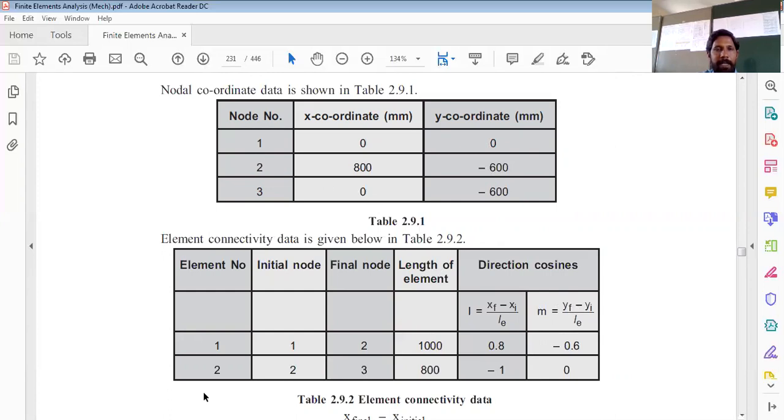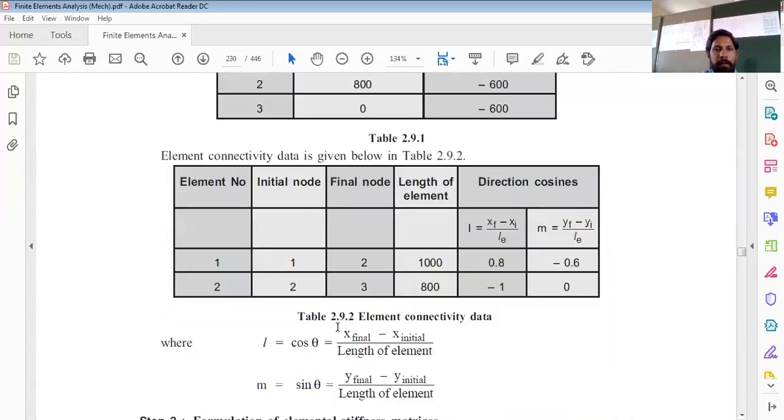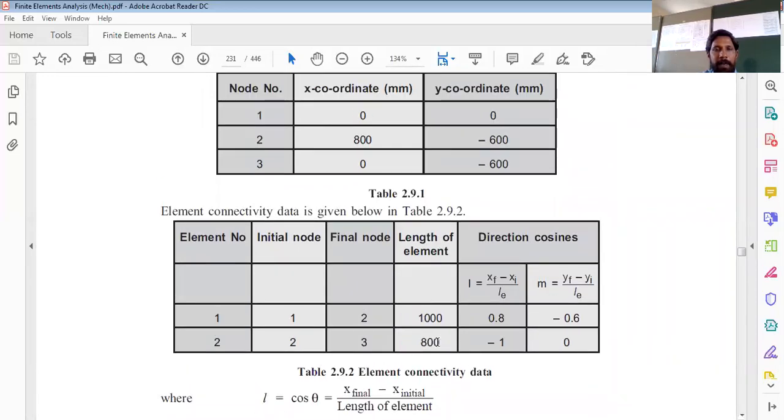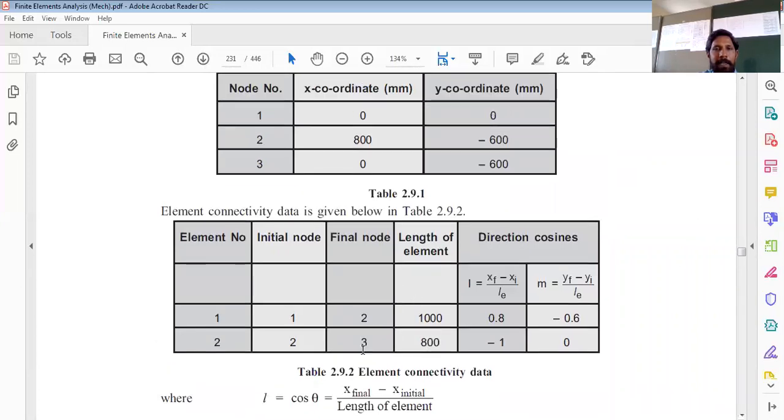Similarly, if you calculate for element number 2, its initial node will definitely be 2 and final node will be 3. So node number 2 and 3 I have written here, and the length of that particular element is 800. L is equal to x final minus x initial divided by length.